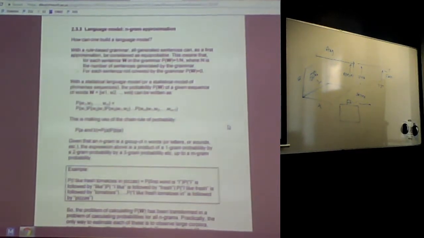So this probability here, you see it's a product of the chance of one word, the chance of a pair of words, the chance of a triplet of words, times again the chance of all the words except one. What's the chance that I see the last word given I have seen all the previous words? Okay. So to cut the long story short, people have said this is boring. We can simplify that.